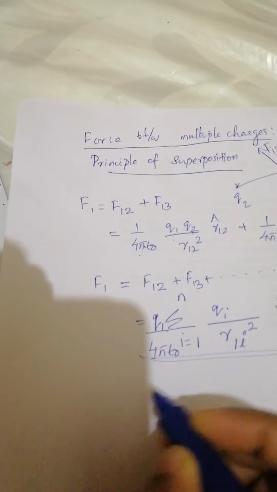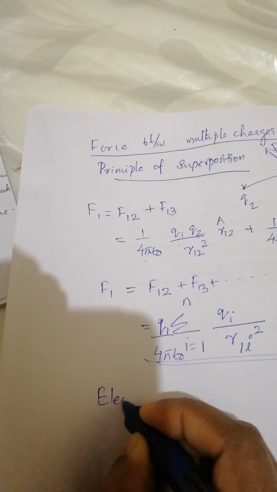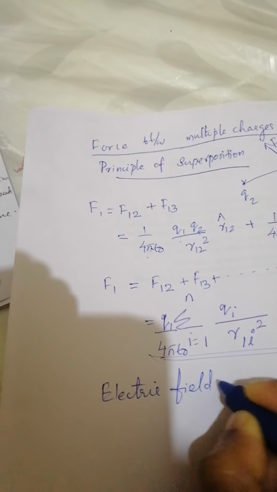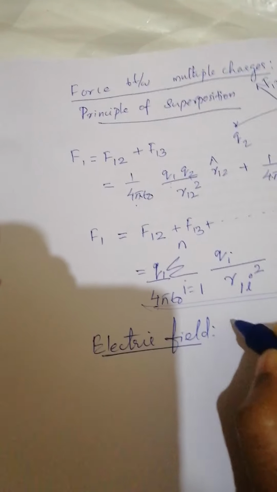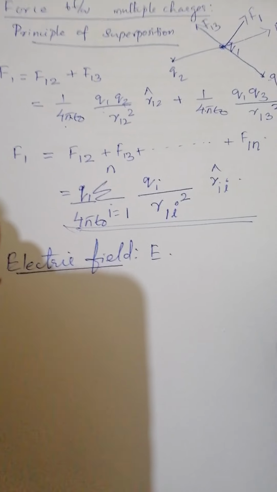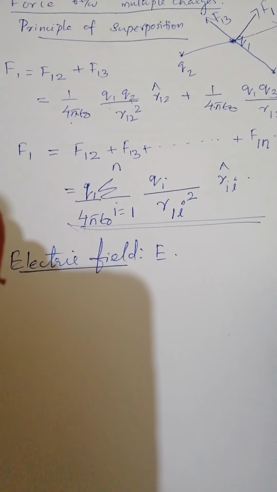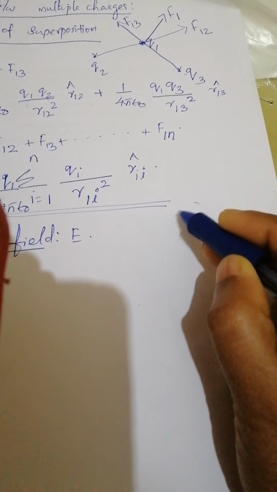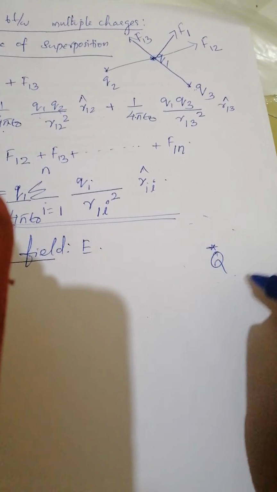Next we will learn about electric field. The electric field notation is E. So what is electric field? For an electric field there should be a charge Q. Electric field means the field around this charge.